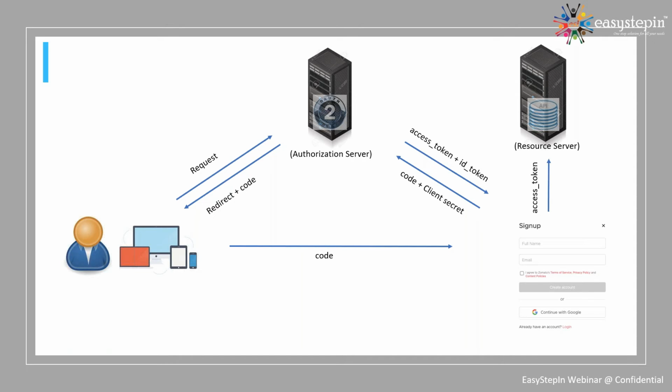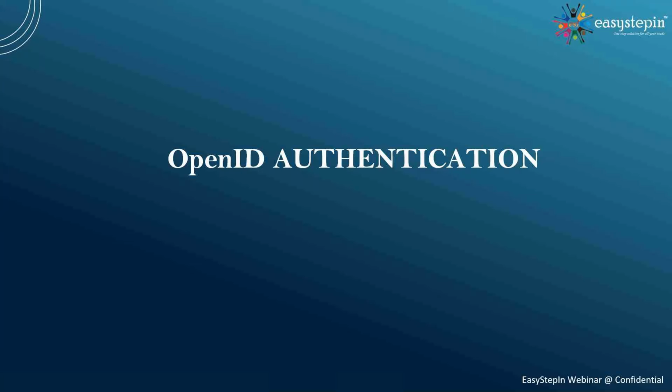The access token is then shared with the resource server, and you get the required information. This ID token identifies who you are. That is why we use OpenID Connect, and this reference to the user makes it different from OAuth. Is this clear? So let's now see how to set up OpenID authentication in Boomi.